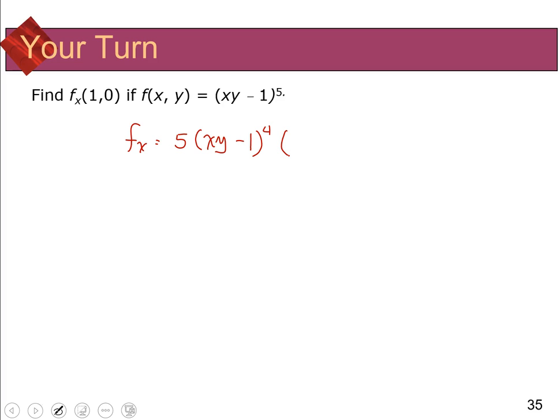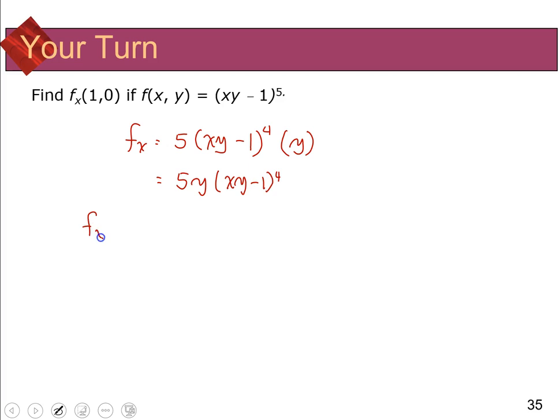Now, here's where it comes in. I'm not going to use the product rule when I differentiate xy, because in this case y is just a constant. So when I do the derivative of xy, I just end up with y. The derivative of 1 is 0, so I'd be subtracting 0, which I don't have to do. So this is just 5y times (xy minus 1) to the 4th power.